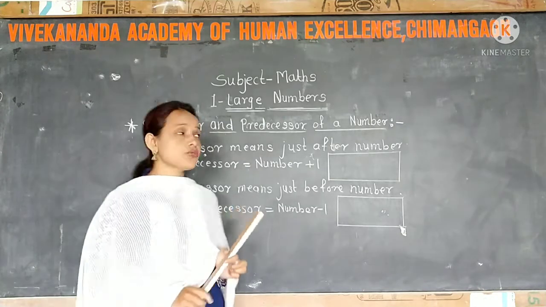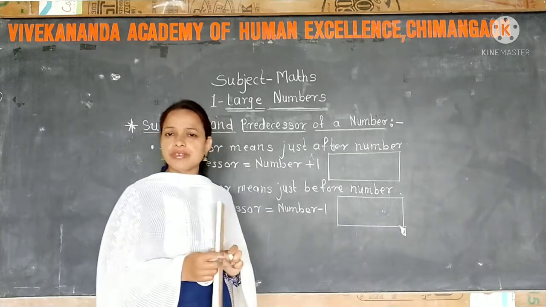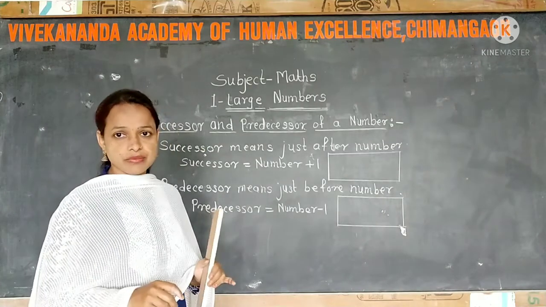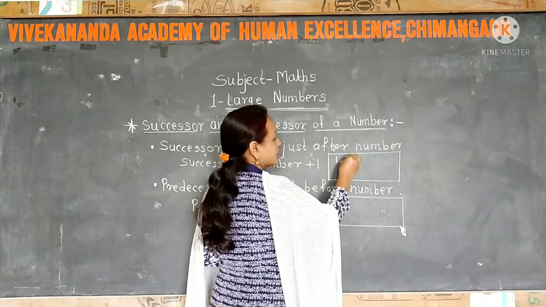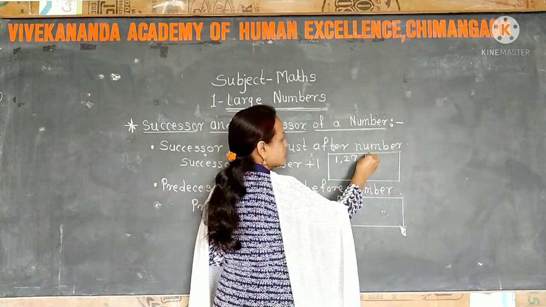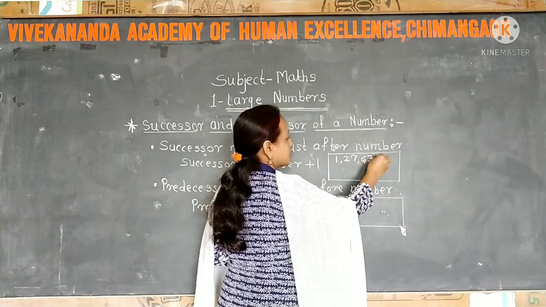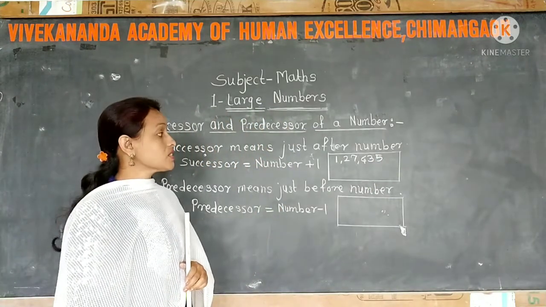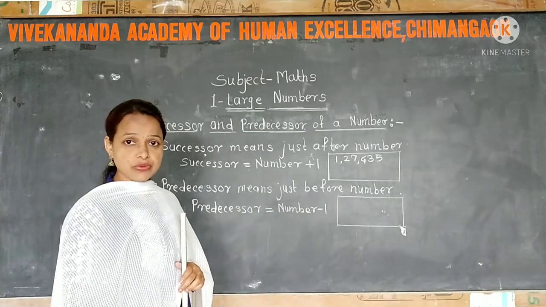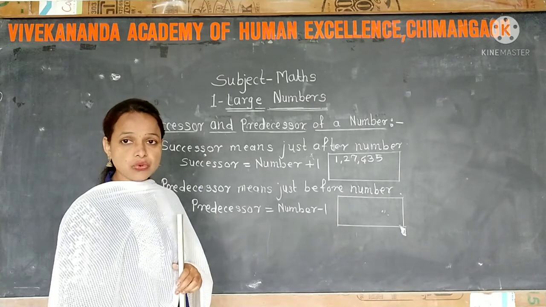Now we are going to talk about large numbers. So we will take a 6-digit number and consider an example: 1,27,435. We have to find the successor of 1,27,435. How to get that?